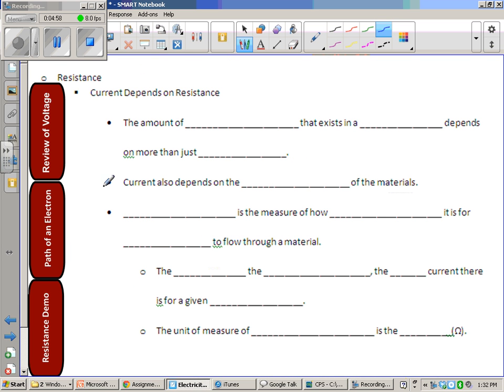Okay, another factor in circuits is resistance. We know that current depends on resistance. The amount of current that exists in a circuit depends on more than just voltage. Current also depends on the resistance of the materials.